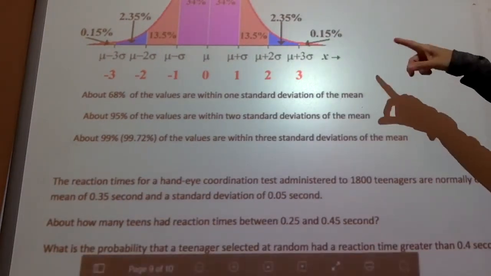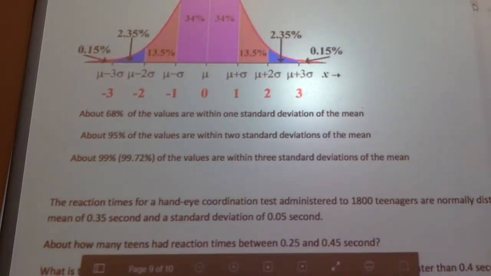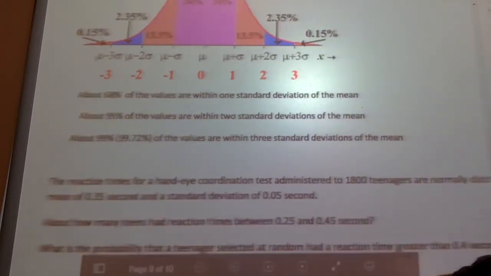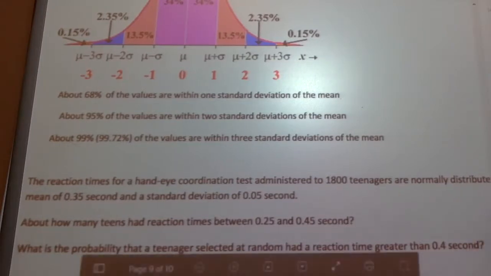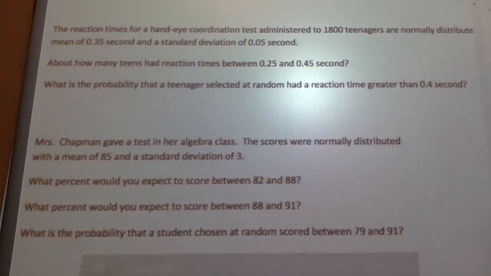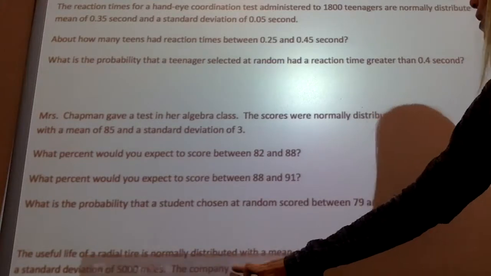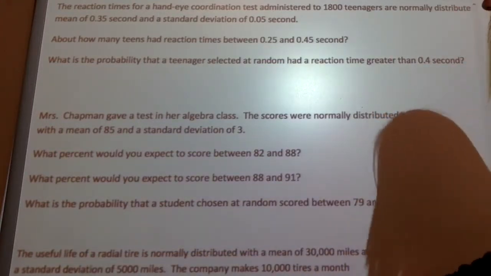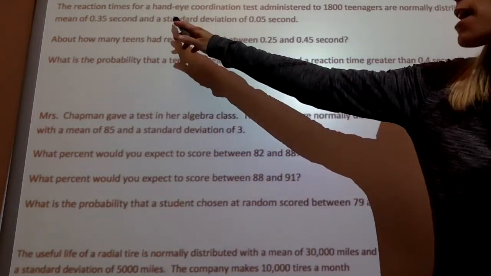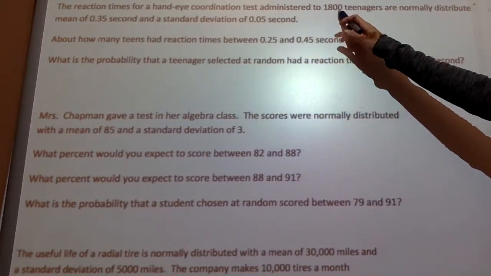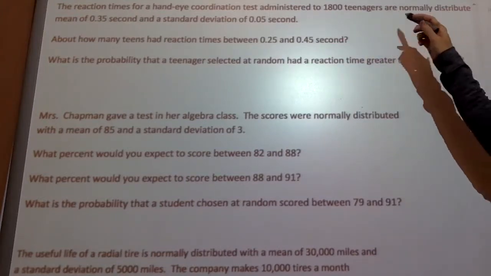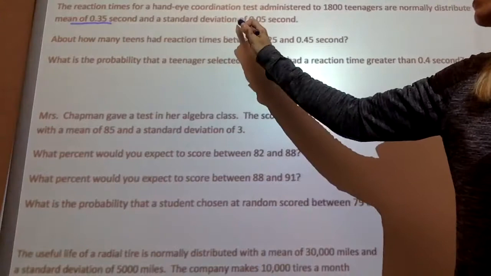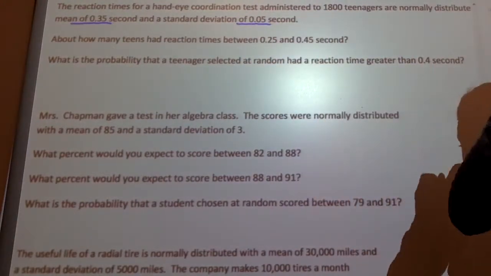Okay. Using our bell curve there. So the first thing we're going to do is I like to set up the normal distribution. So it tells me the reaction times for hand-eye coordination tests administered to 1,800 teenagers are normally distributed with a mean of 0.35 and a standard deviation of 0.05.